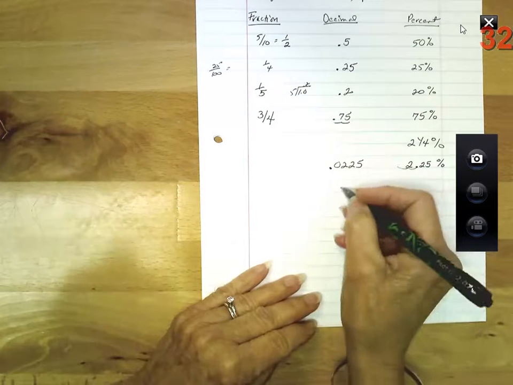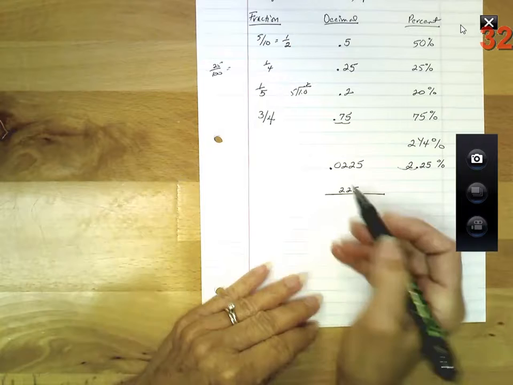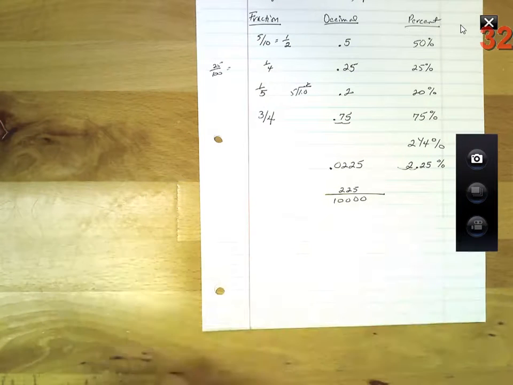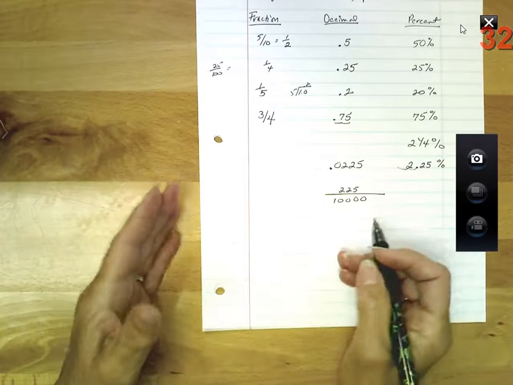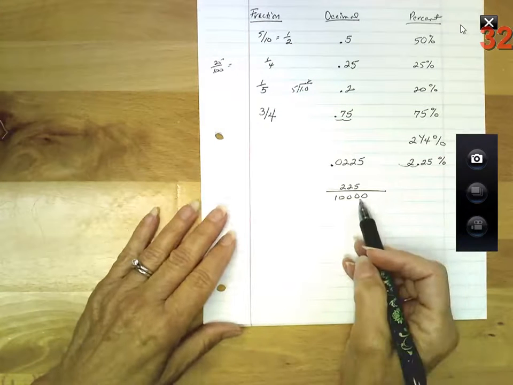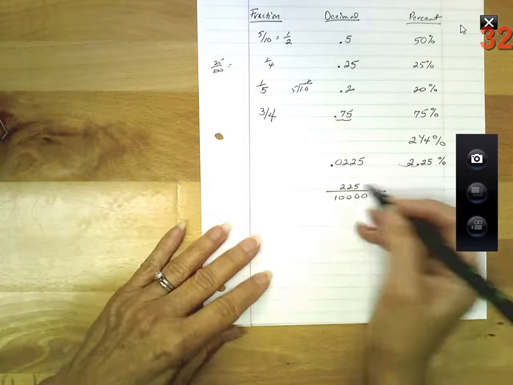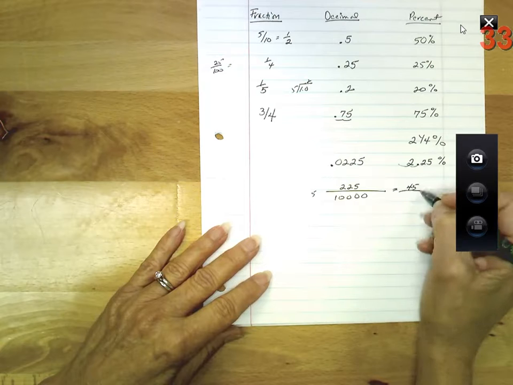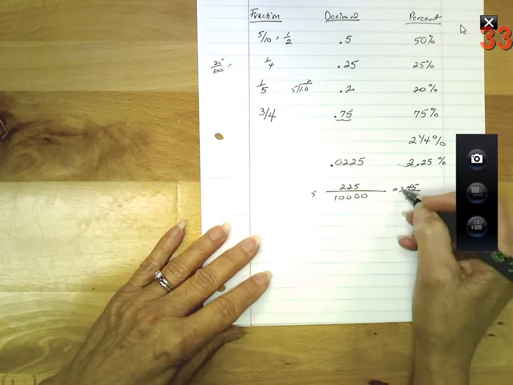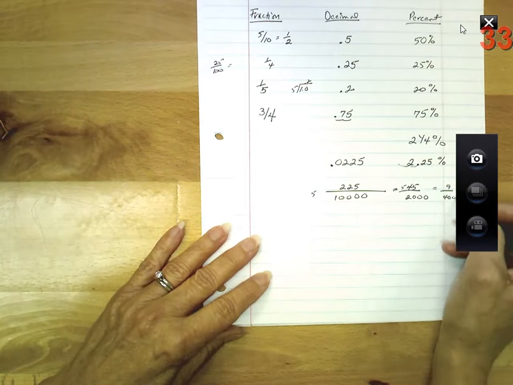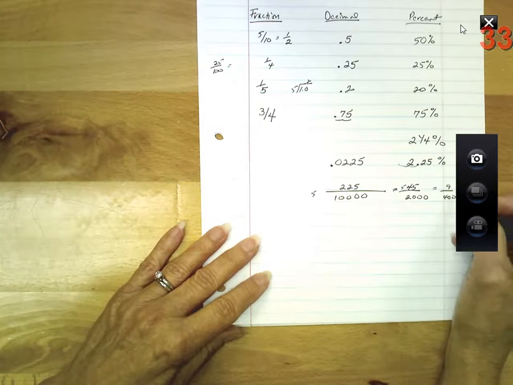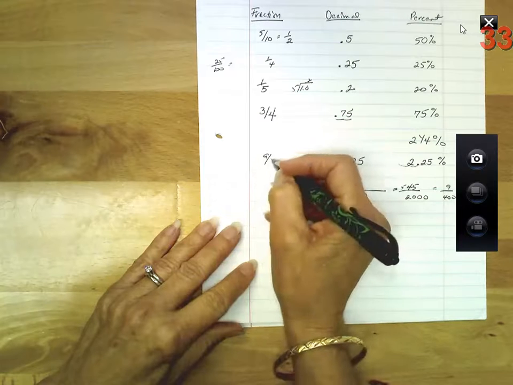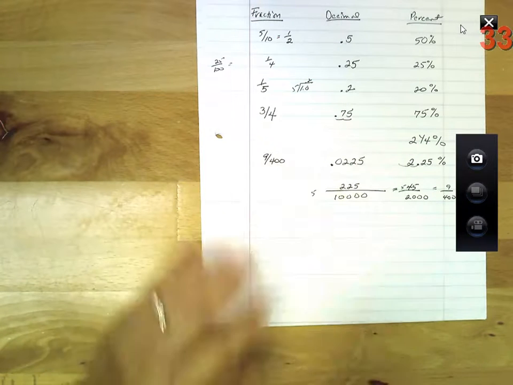But it's 225 ten thousandths. Okay, now you got to go through the horrible process of simplifying that. So you could start with a 5 or a 25 or whatever. Okay, I got 9/400 for that one. That's as much as I could simplify it, and I think that's right.